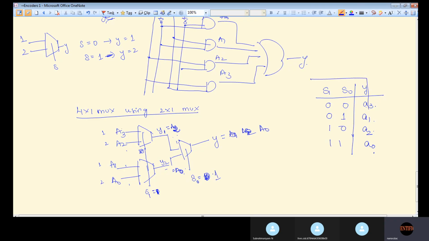See, whatever order we give, a multiplexer among 4 signals has to choose only one signal.